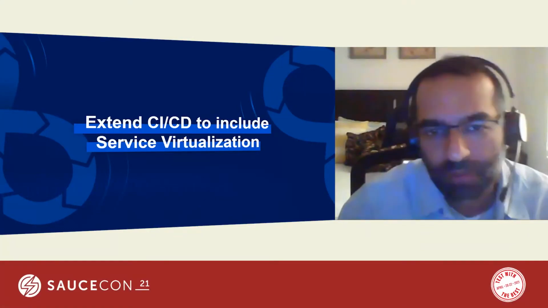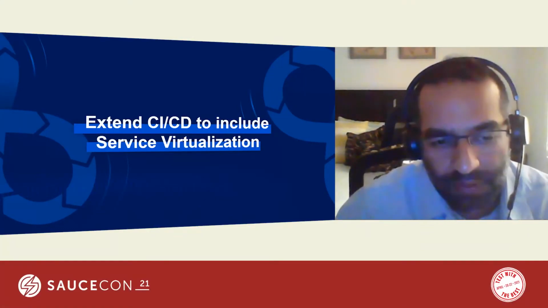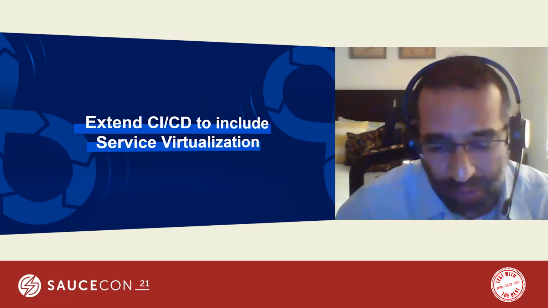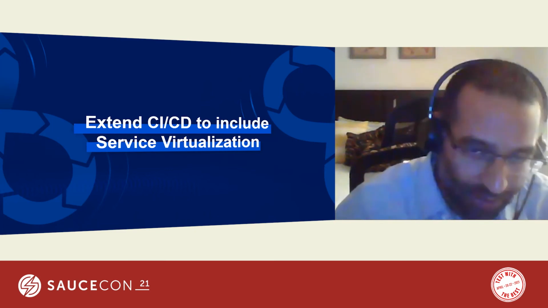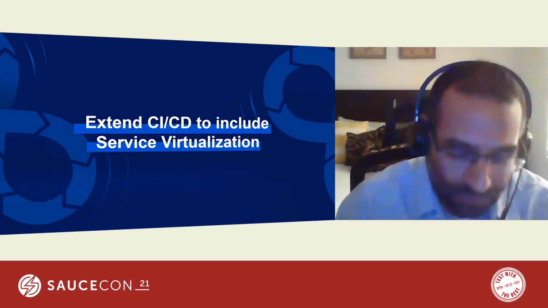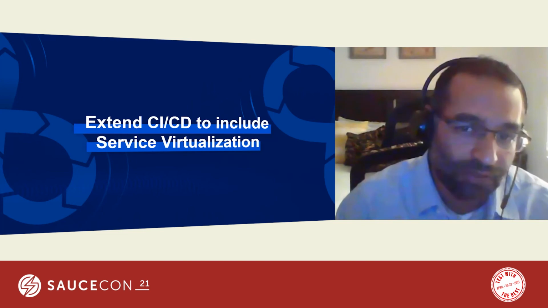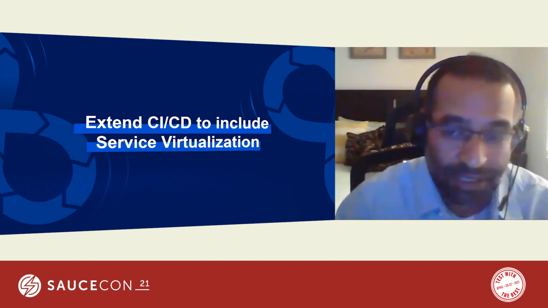Next, I'm going to talk about a CI/CD setup to include server virtualization. In any automation project, you want to see how any concept, for example server virtualization, which is not exactly a new concept, integrates with the CI/CD pipeline.